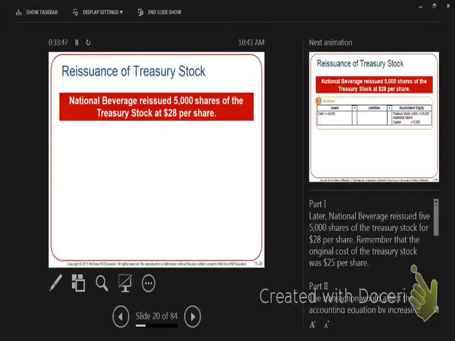So what's the additional 15 bucks? Maria told us this. We made money. Additional paid in capital, that same amount. We made money on the stock we bought. We bought our own stock back, and then we turned around and sold it and made money.